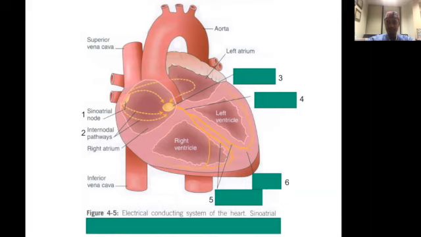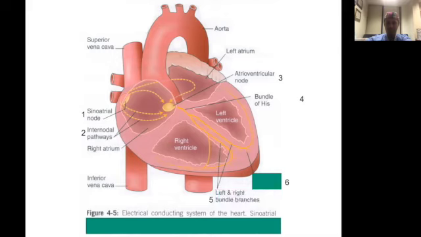Number 3. It is AV node. Number 4, bundle of His. So I'll just tell you what number 5 and number 6 are. So number 5 is the left and the right bundle branches. And then number 6 is the Purkinje fibers. Okay, so this is the electrical activity of the heart.